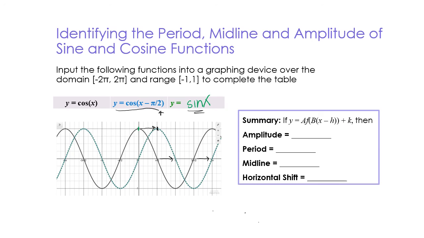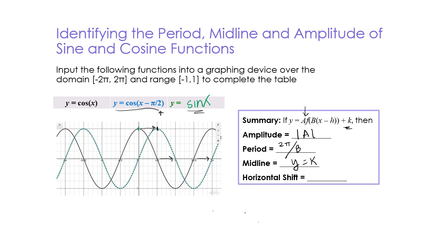So let's summarize these formulas and the different features. If you have an a in front of your sine or cosine function, that's the amplitude, and it's the absolute value of that a that makes the amplitude, because amplitude is distance. The period is going to be 2 pi divided by b. The midline is y equals k.